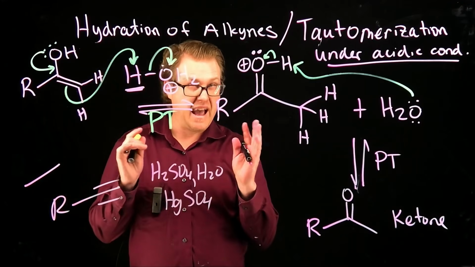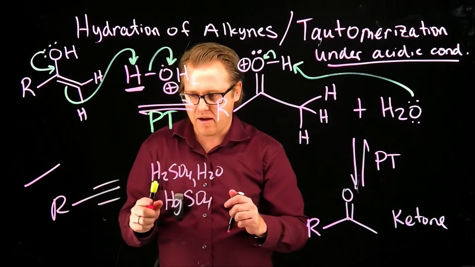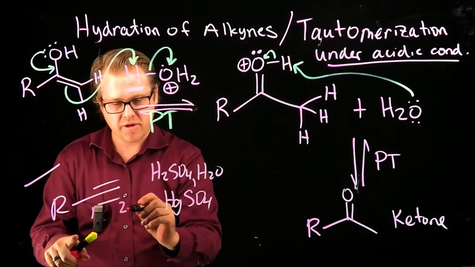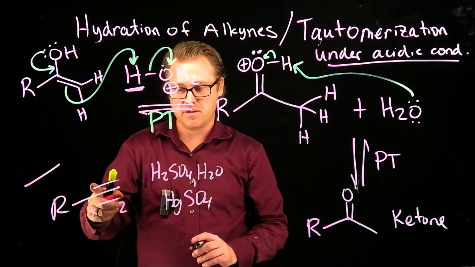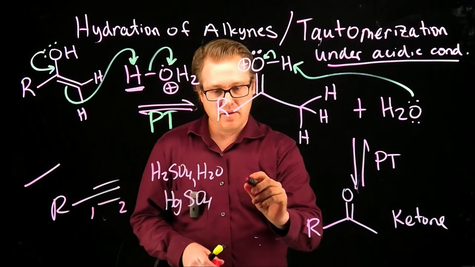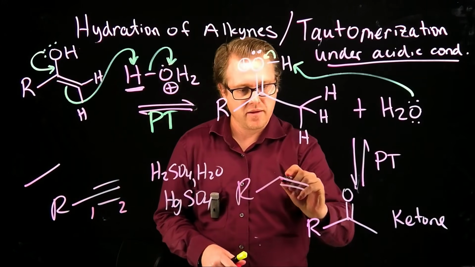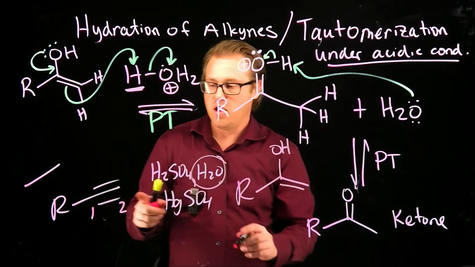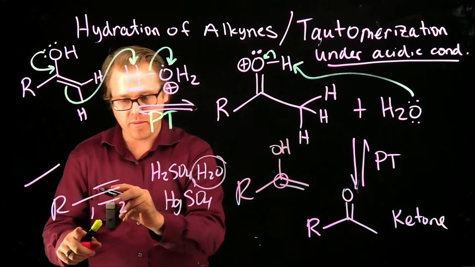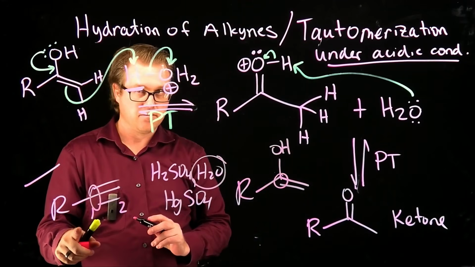Or where did the, let's say the alcohol, let's do it that way. Where did the alcohol go? Carbon 1 or carbon 2? It went to carbon 2, and so it formed this guy, all right? The water molecule went to the more substituted carbon.